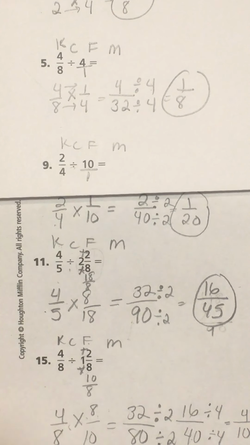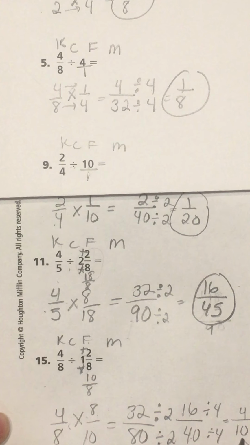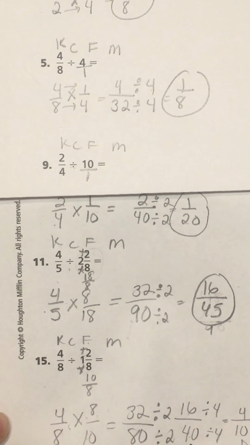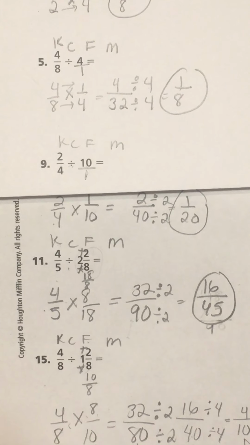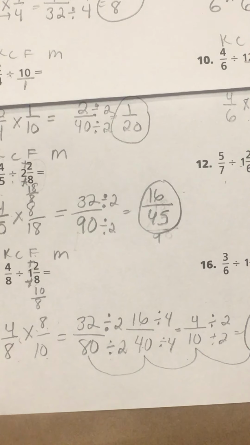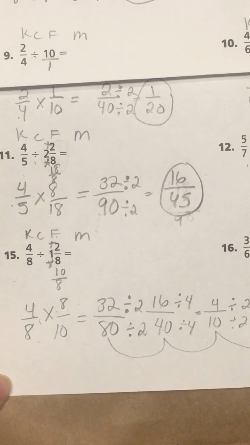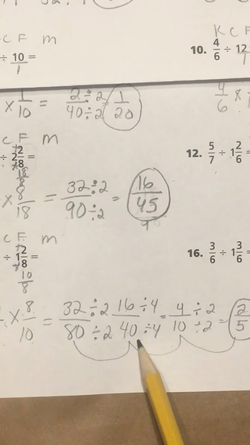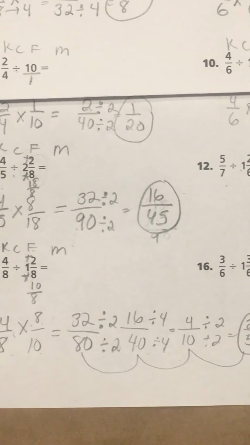Finally, our final answer is 2/5. These are actually all equivalent. 2/5 is equivalent to 4/10 is equivalent to 16/40 is equivalent to 32/80. But if anything, this, and I bet you can't see it, sorry, shows you that if you don't pick the greatest common factor, you're going to have to keep simplifying until you get to the smallest amount.